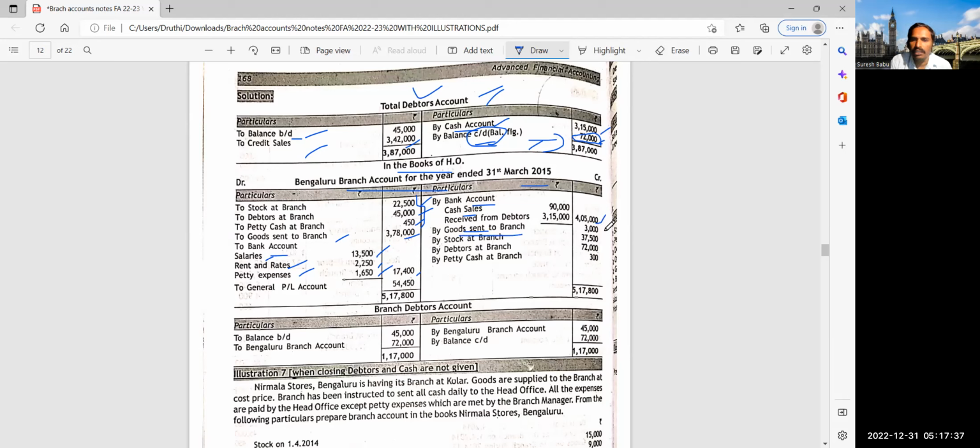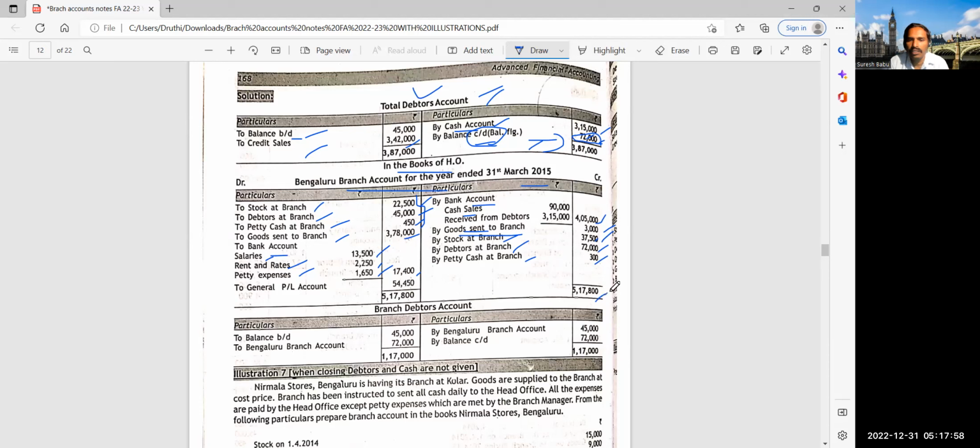Goods sent to branch, this is returns, 3,000 rupees from branch to head office. Closing stock 37,500. Closing debtors, which we have ascertained here, 72,000. Closing petty cash, which is given in the sum, 300.